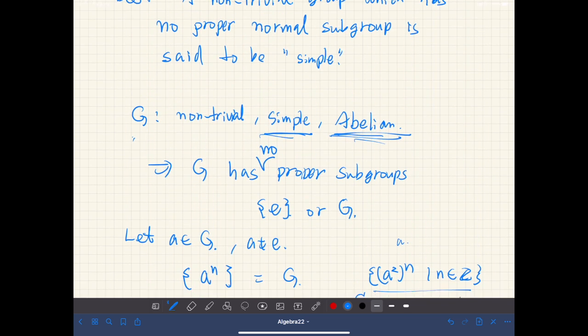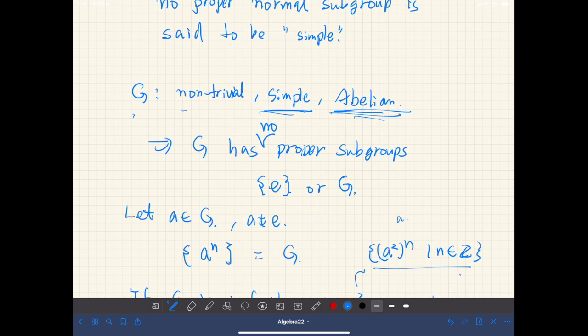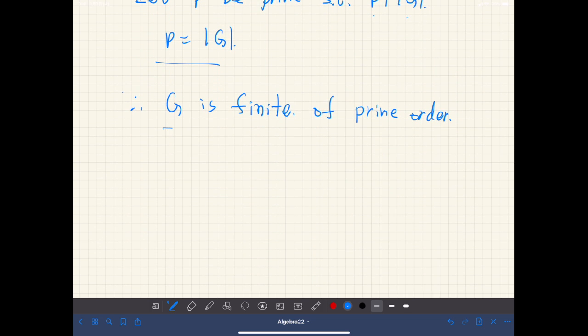It's interesting: just by assuming that G is a non-trivial simple abelian group, we can conclude that G is a finite group of prime order. And that's all for today.